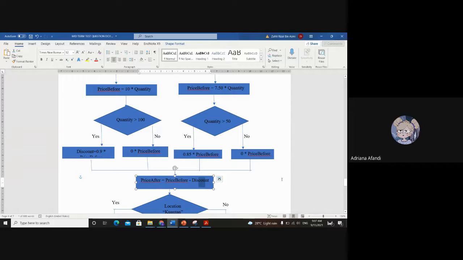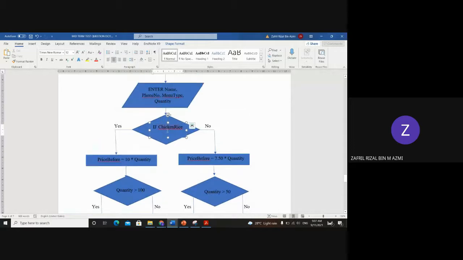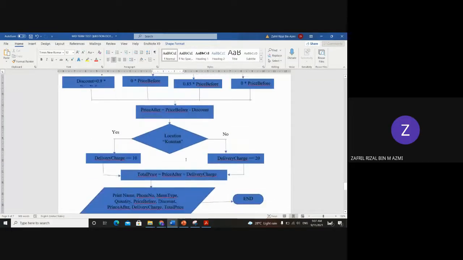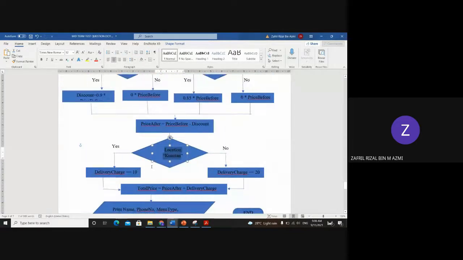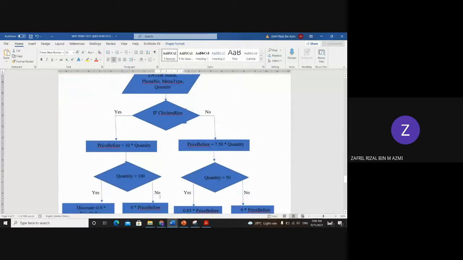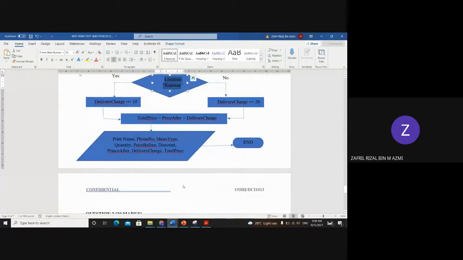Also use the proper operator. You want to compare: if menu type equals chicken rice. Use the proper symbol. This is also similar. In general the structure is correct, but the symbols need to be improved.